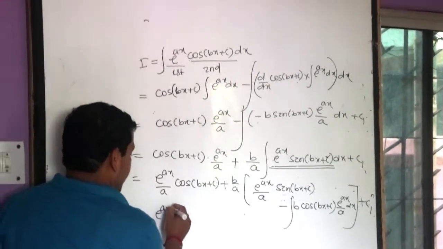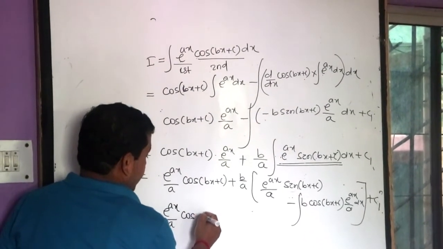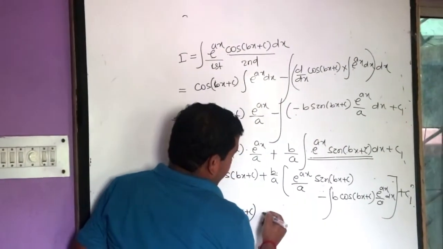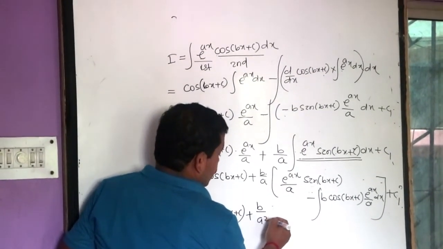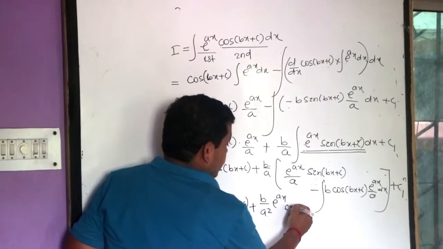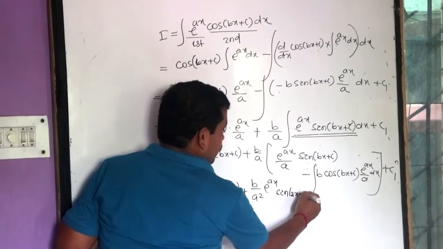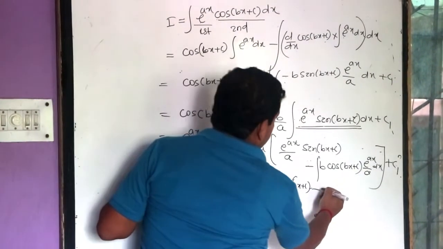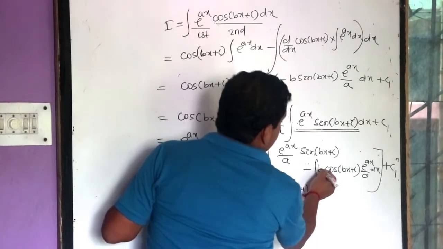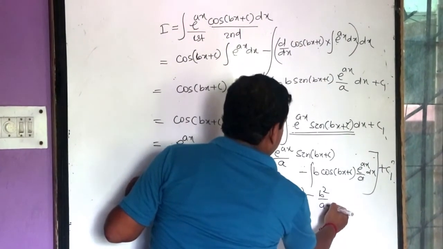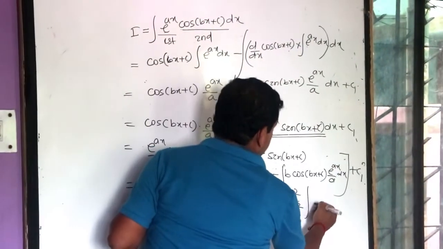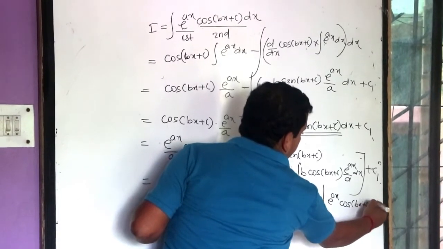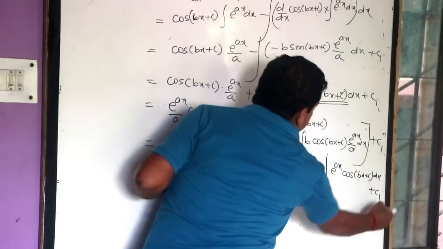e to the power x by a cos bx plus c, plus b by a, here it is also a, that is equal to b by a square e to the power x sin bx plus c, plus or minus b by a, here it is also b by a, so b square by a square, integration of e to the power x cos bx plus c dx, plus c1.